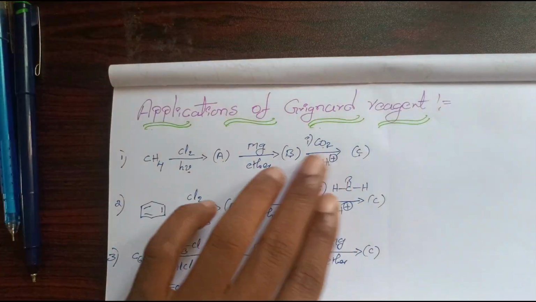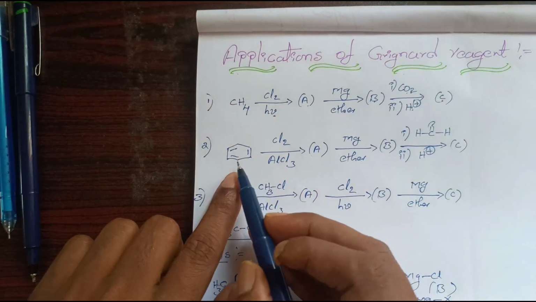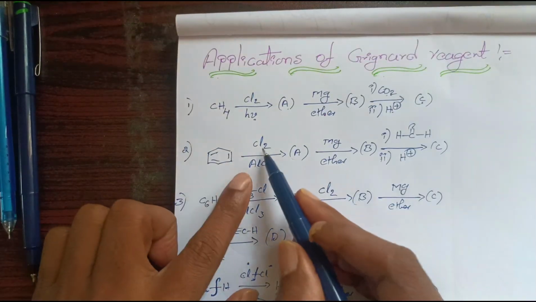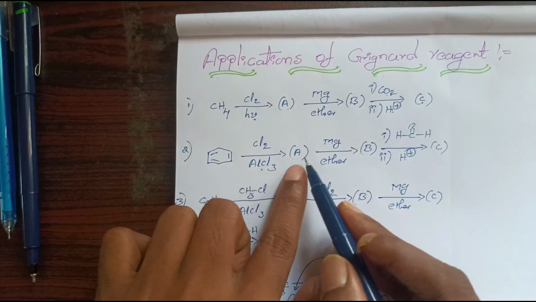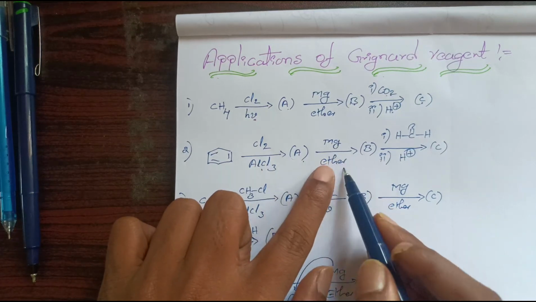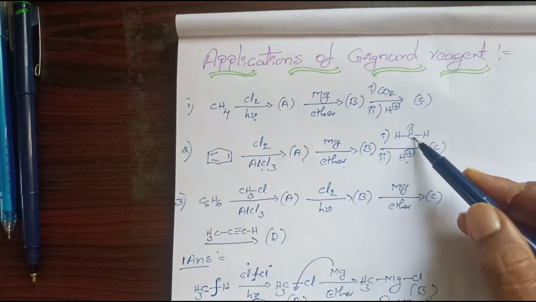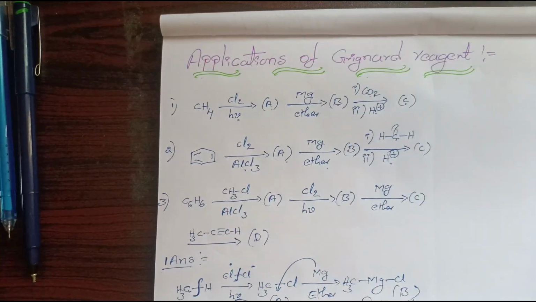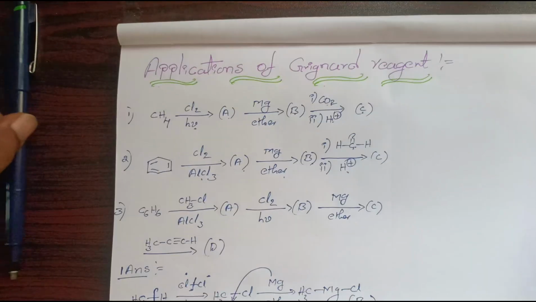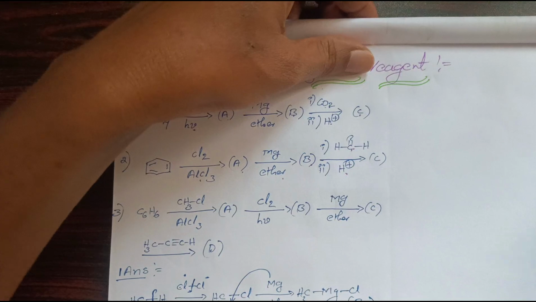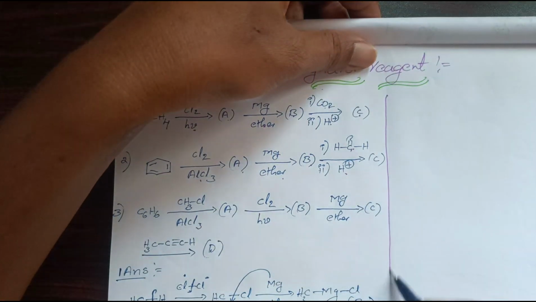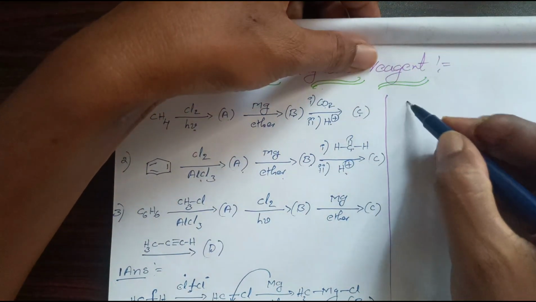What is the second equation here? The benzene molecule is given, reacting with chlorine in the presence of AlCl3. Product A is generated. Then magnesium and ether give product B, and formaldehyde and H plus ion. Formaldehyde is given. Benzene is involved in which reactions? Dear students, benzene is which molecule?